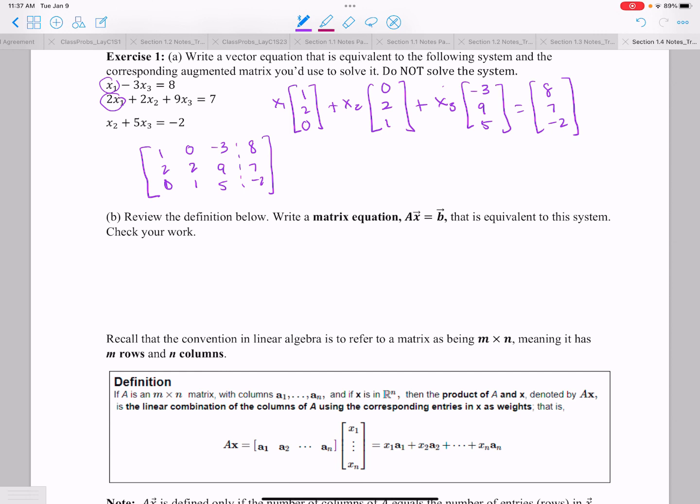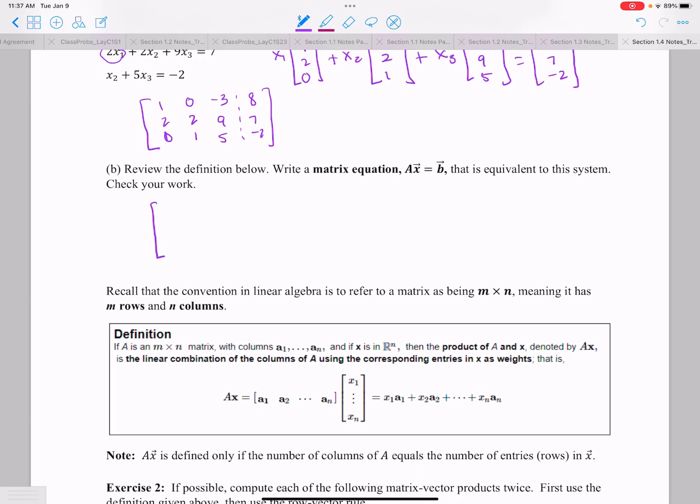I'm going to go through and write the A. So this AX, this first A, that's a column. So it's bold, so it's a vector, a column vector. And those are the coefficients of x1. Then you have the coefficients of x2. That is the A matrix.